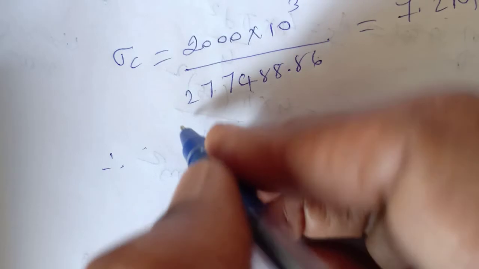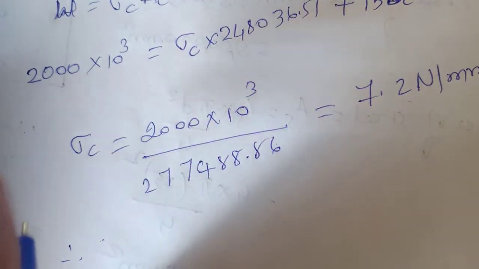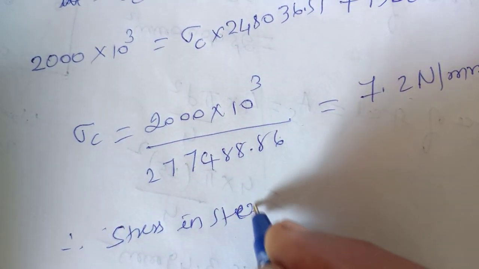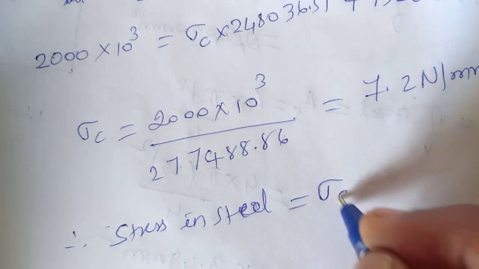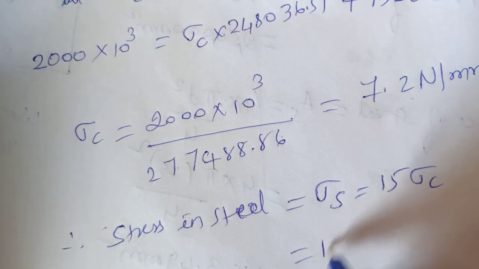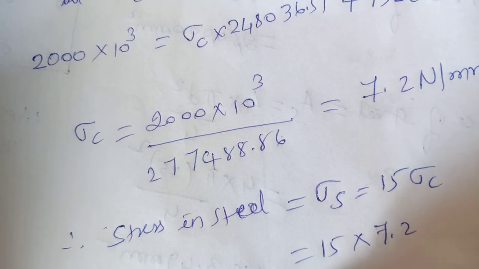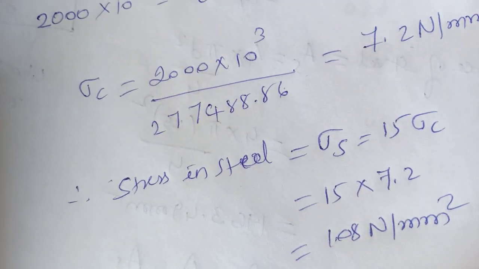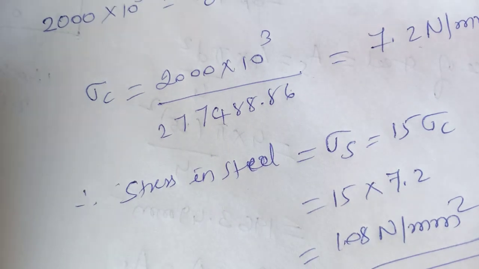Therefore, stress in steel, sigma S is equal to 15 times sigma C. So 15 into 7.2, we are getting it as 108 N per mm square. So this is how you will have to put the diagram for every sum so that you understand the concept. Understood all of you?